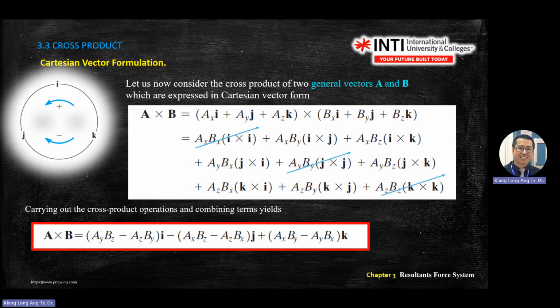So there's another formula to remember besides the circle of ijk. A cross B equals that lengthy equation, I plus J plus K. So you take AY BZ minus AZ BY, I, minus AZ BX and so on.